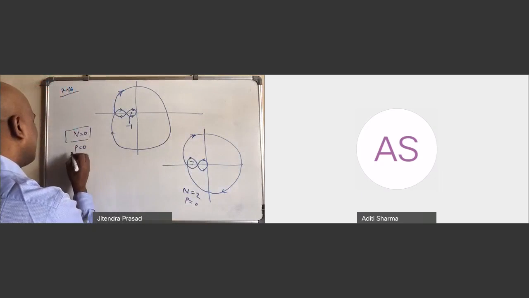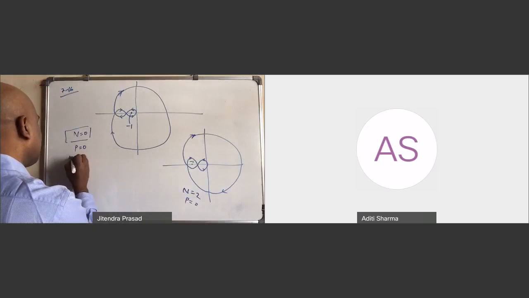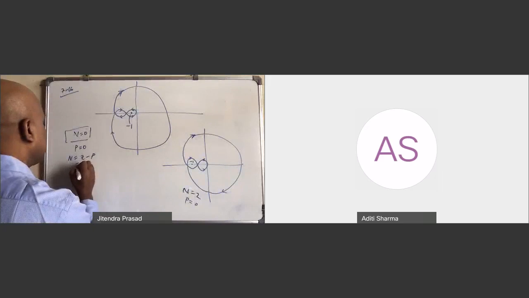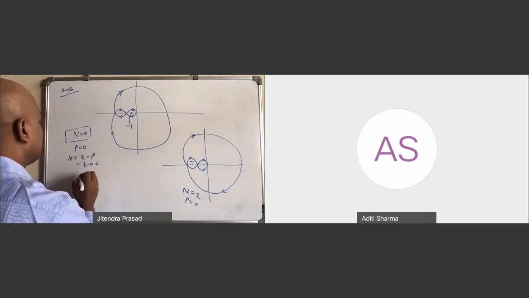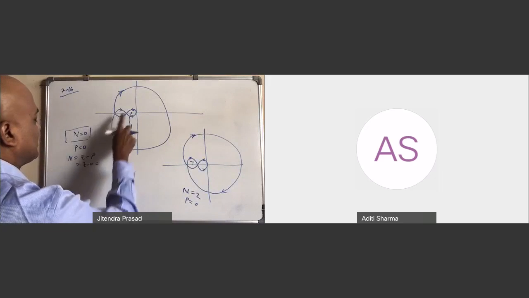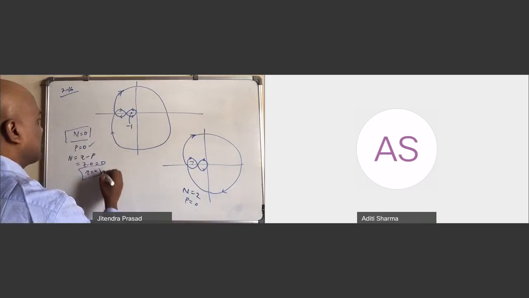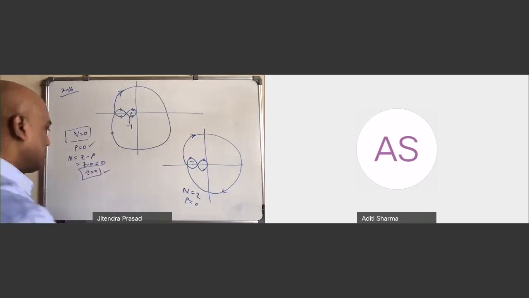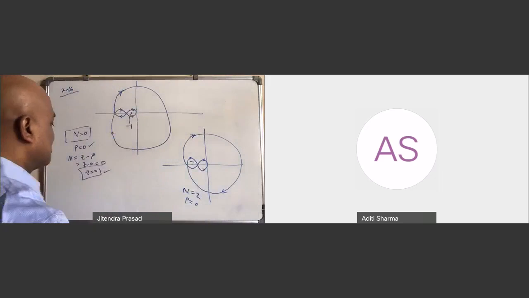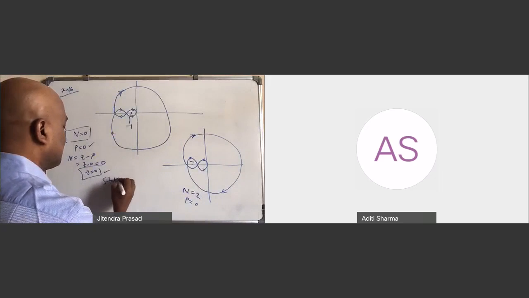Hence we can find out Z. So N equal to Z minus P, which is Z minus 0. In this case, N equal to 0, so Z equal to 0. So you know that there are no zeros inside the S contour, and hence this is stable.